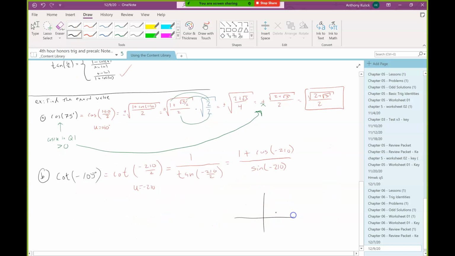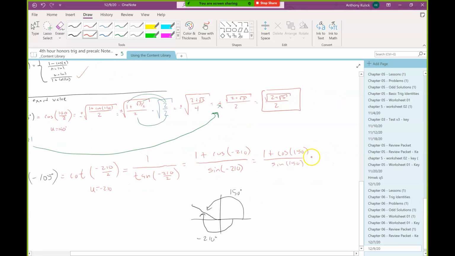Just as a reminder, 210 is this spot here, or negative 210 is here, which is the same as positive 150, right? So just to make our life easier, I can do that. Those two angles are coterminal.